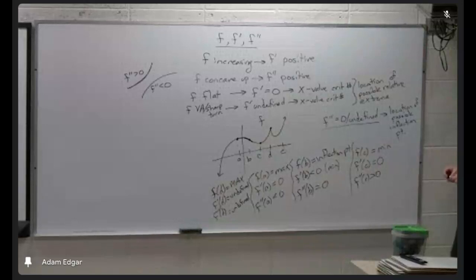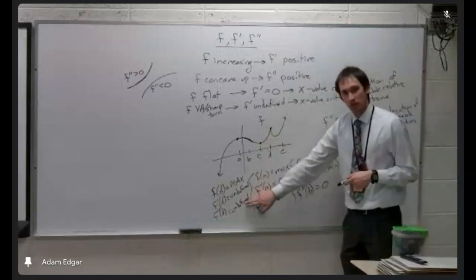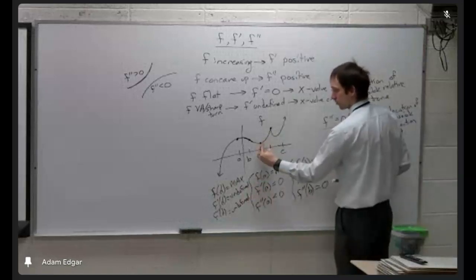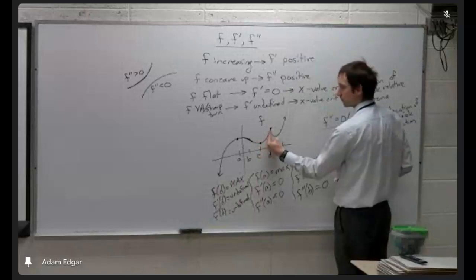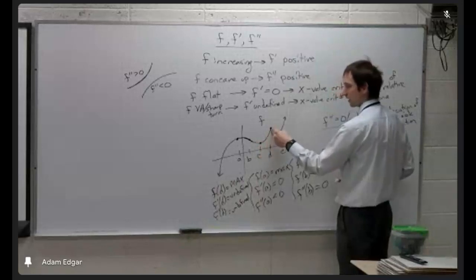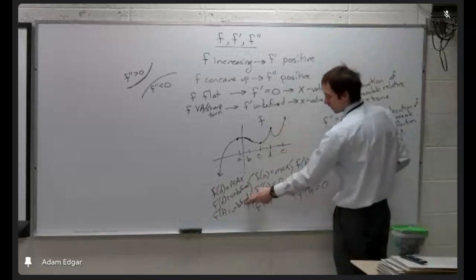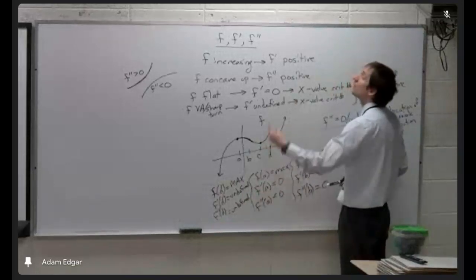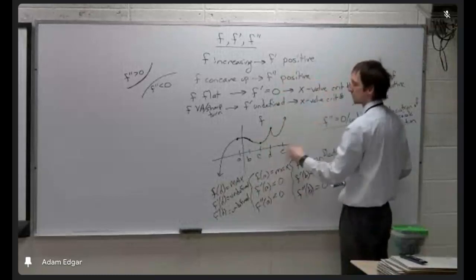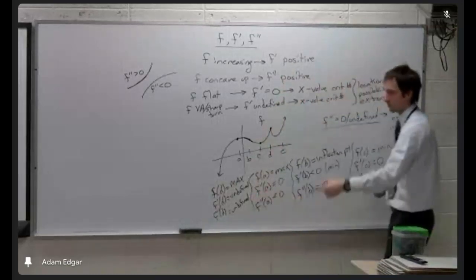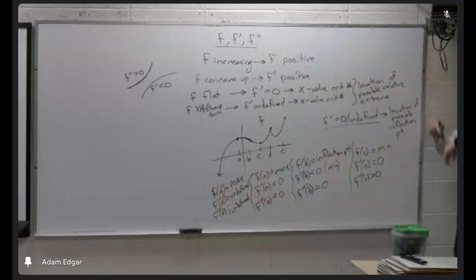So there would be a vertical asymptote on both of these things. Here you have a vertical asymptote where the derivative is going to infinity, and then negative infinity coming out from the other side. And then, because this is positive concavity on both sides, the second derivative is positive infinity on both sides of the vertical asymptote.